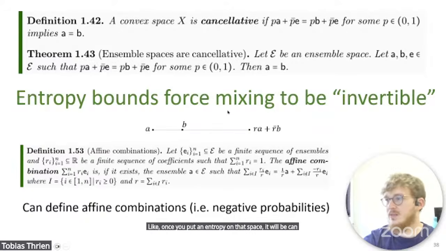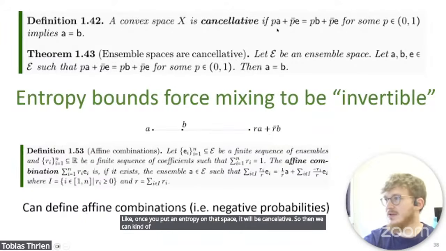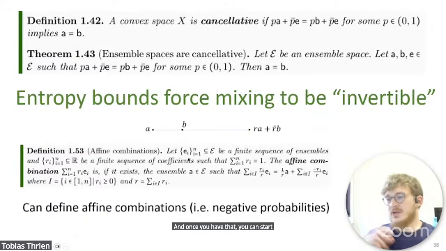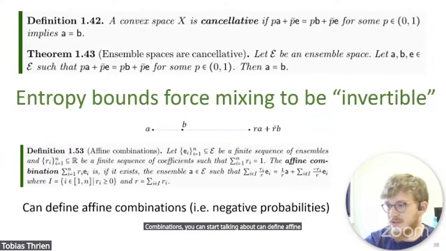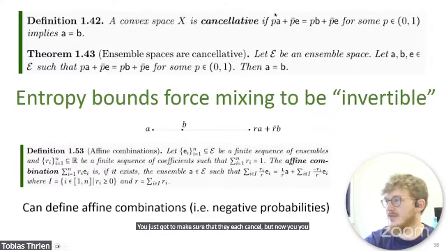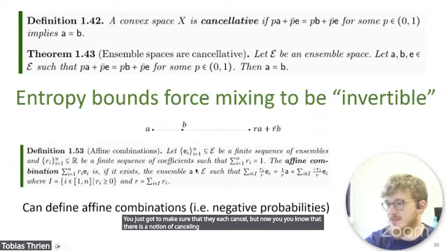So then we can invert, in some sense, specifically in this sense, mixing. And once you have that, you can start talking not just about convex combinations, you can define affine combinations. So in principle, you could have negative coefficients. You just have to make sure that they cancel, and now you know that there is a notion of canceling these on both sides.